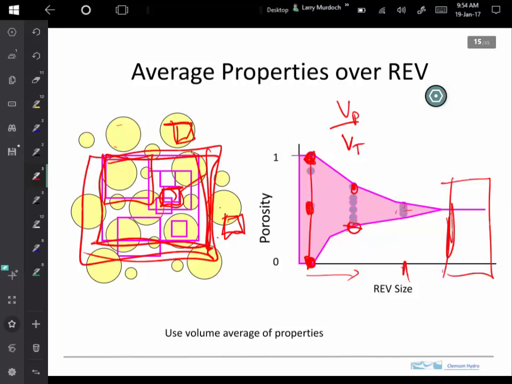So the porosity can change spatially. The other thing that can happen is as this REV gets bigger and bigger, we're incorporating other types of materials, and so the porosity that we get by averaging within the REV, if this plot is extended, may change just because different layers in a sedimentary rock would have different porosities.